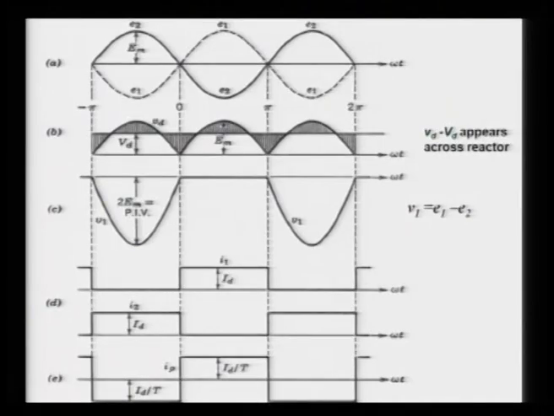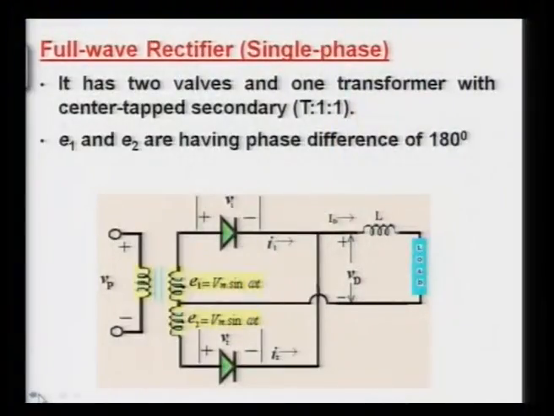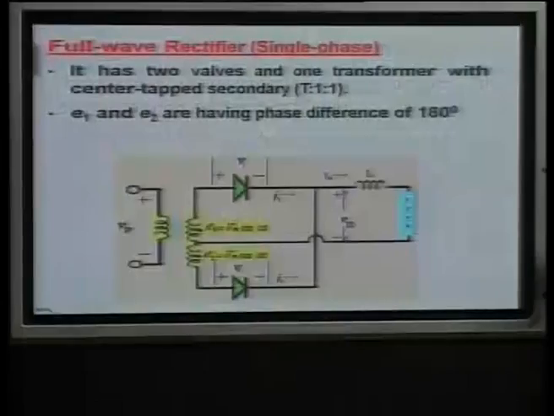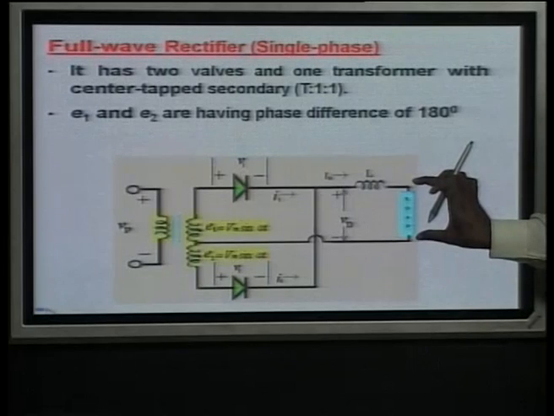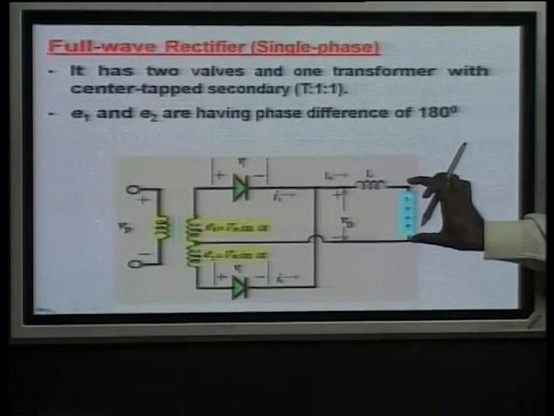Now, in the second figure, Vd is the voltage appearing across the load, after the inductor. The shaded portion is the voltage that appears across the inductor. Here Vd is the DC voltage appearing.